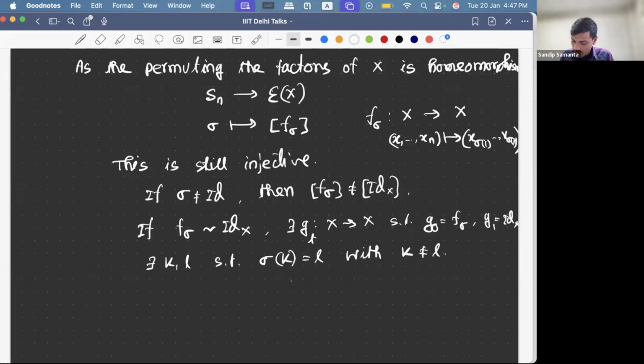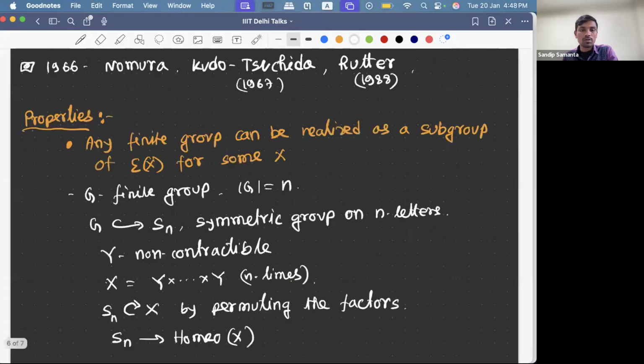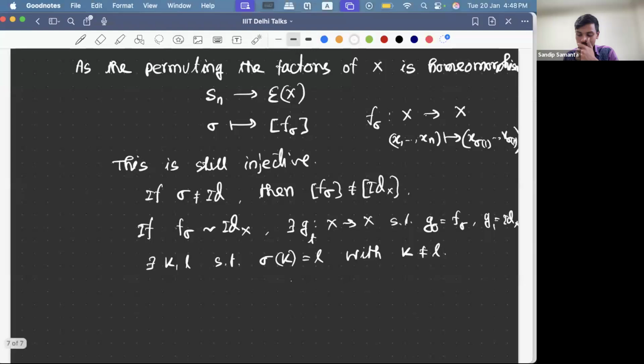Then I can define a homotopy from Y to Y. Basically, if this is not the identity, then I'll show that this Y, which I started with and assumed to be non-contractible, is actually contractible. That's almost immediate from this: you define the map, let's say H_t from Y to Y. How do you define it? You go from Y to Y cross Y cross Y, that means to X, n copies.